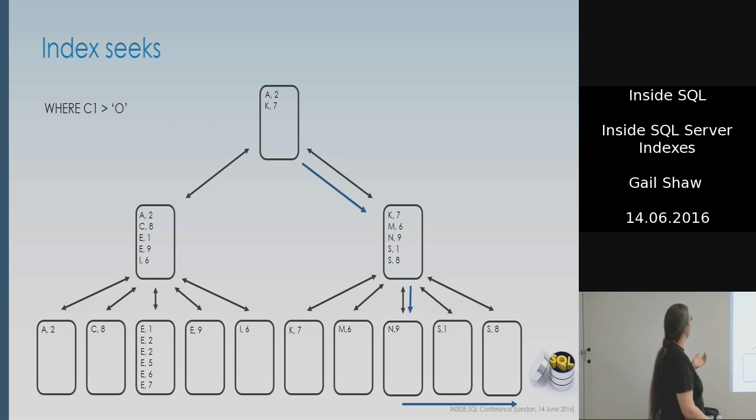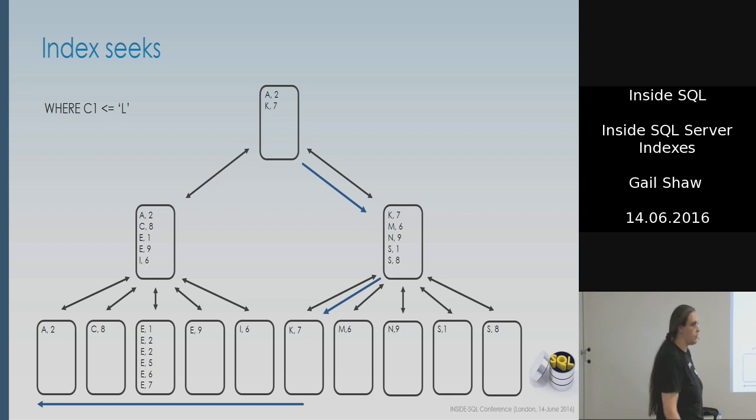All right. Some slightly more complex seek operations. Looking for less than or equal to L. Well, greater than K, so it must be this way. This page, because M's already too great, so we're not going to find our rows there. So here, and then we do a backward scan back down the table.